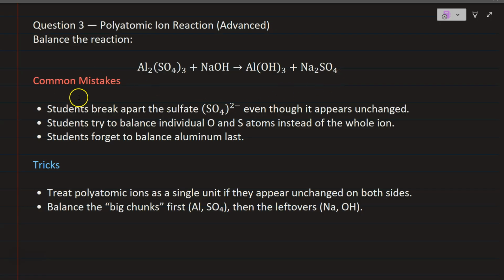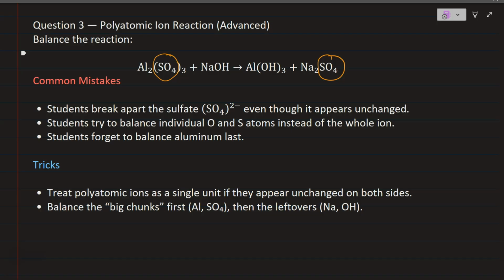Now the common mistakes. If you can help it, never ever break up the polyatomic ions. This SO4 is packaged already for you. There's no need to break it up into sulfur and oxygen. So leave it alone.